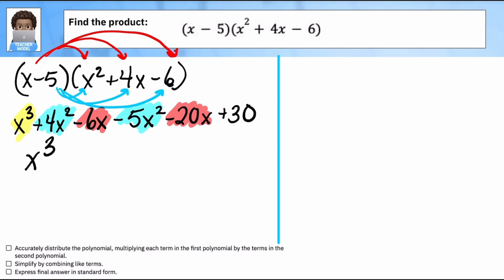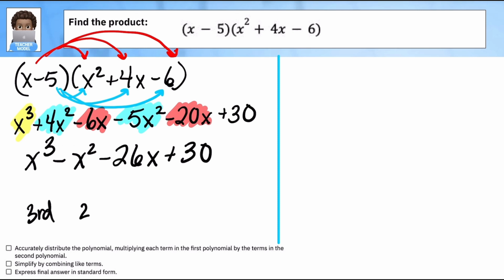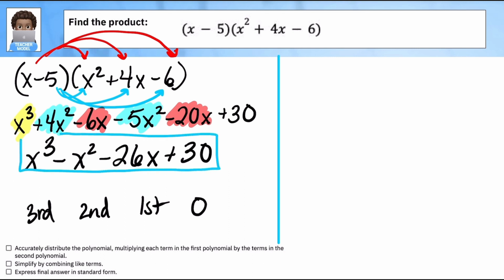And I'm just adding. 4 minus 5 is negative 1x, so negative x squared. Negative 6 minus 20 is negative 26x, and positive 30. Checking third degree, second degree, first degree, 0. So this is in standard form. So I'm done. So hit pause and jot this down into your notes.